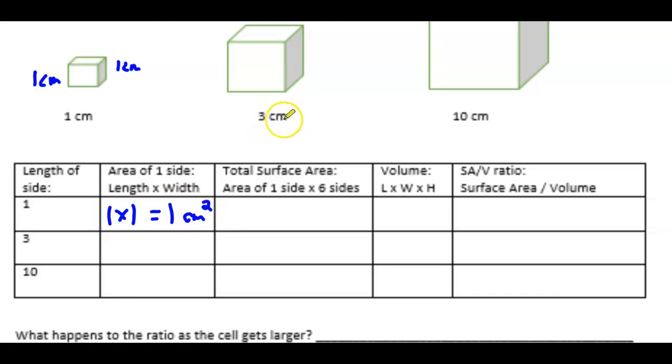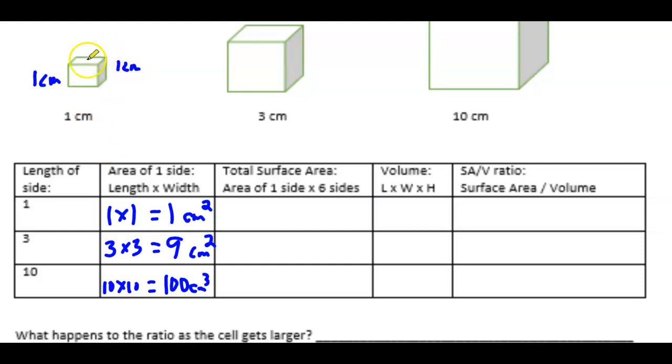Okay, now the middle cell here, if you have a side of 3, the surface area would be 9. And then this larger one, 10 times 10, will give us a surface area of one side of 100. Okay? Now all 6 sides are the same because these are cubes.